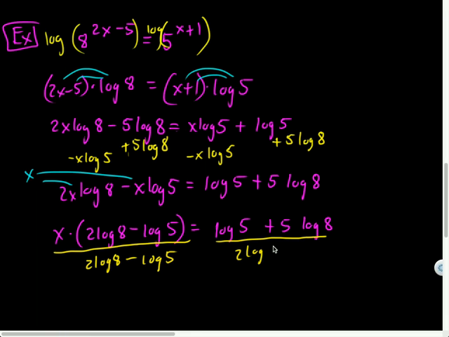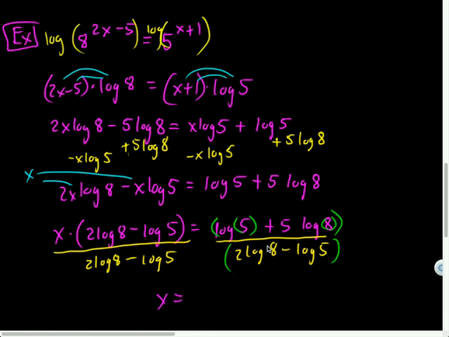2 log 8. Are you sick of writing logs yet? Minus log 5. So I get x equals this thing, which I'm going to have to plug into a calculator. And I'm going to have to be oh so careful with the parentheses. It'll be like parentheses here and a parentheses here. And also each log gets its own parentheses.